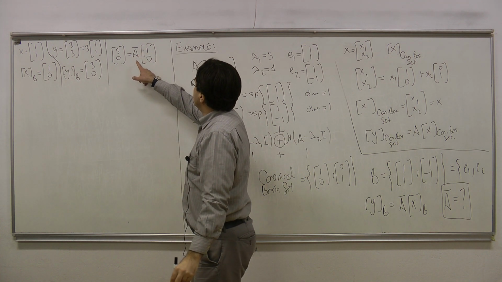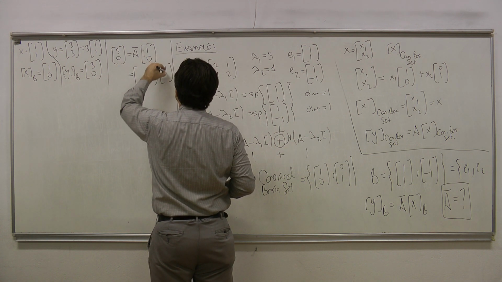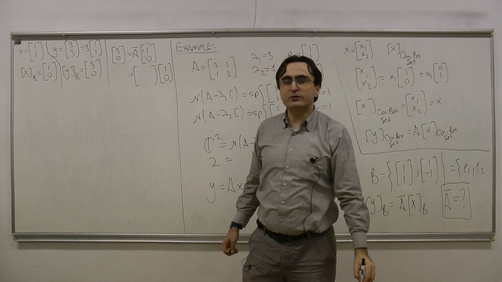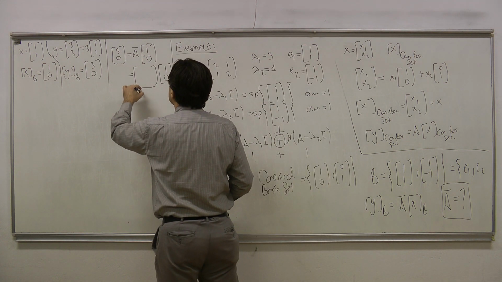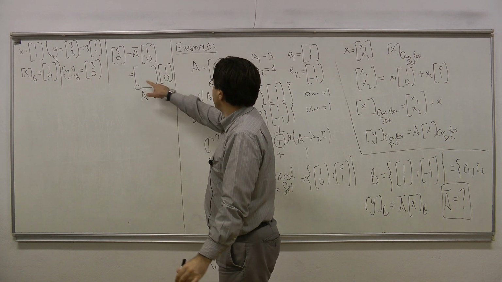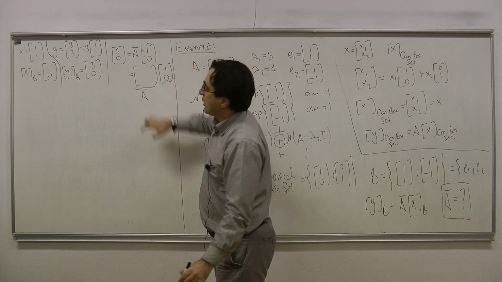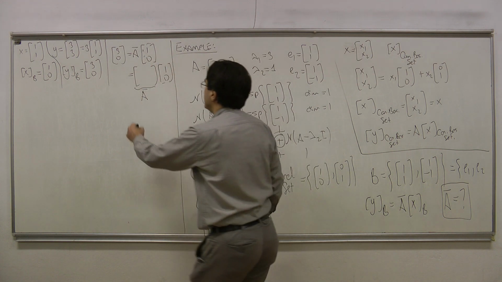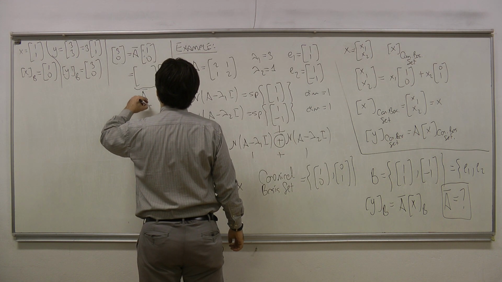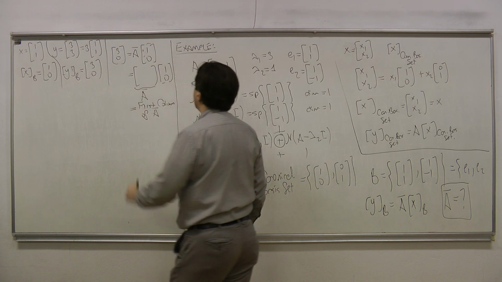And I know that when I have A bar given like this, and when I multiply it with vector 1, 0, this is going to give me the first column of A bar. Such a matrix vector multiplication gives me the first column of A bar. Okay?